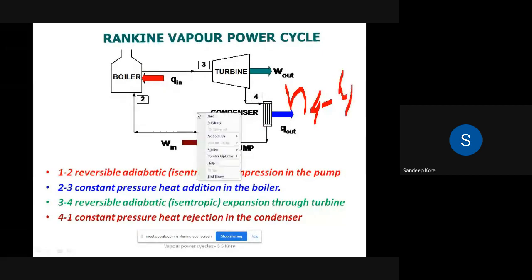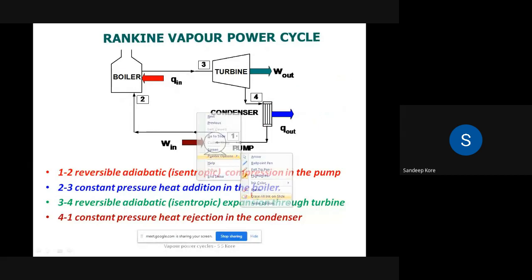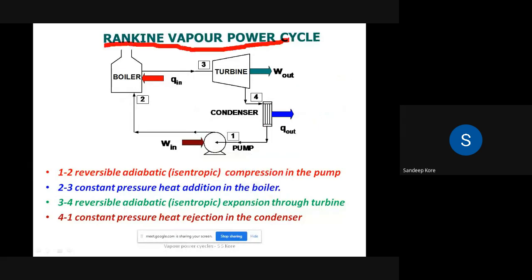Okay, so these are the 4 components involved in the Rankine vapor power cycle, and there are 2 types of processes involved. In boiler, constant pressure process; in condenser, constant pressure process; in pump, isentropic process; in turbine, isentropic process is going to take place. So it consists of 2 constant pressure processes and 2 isentropic processes.